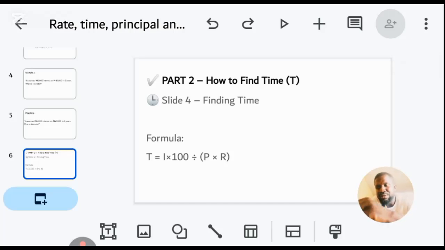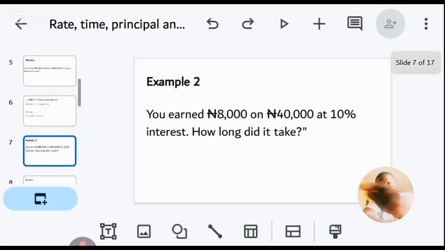Let's learn how to find time. Now to find time, you use the formula: time is equal to interest times 100 divided by principal times rate. Let's dive right into our example. Example 2 says you earned 8,000 naira on 40,000 naira at 10% interest.